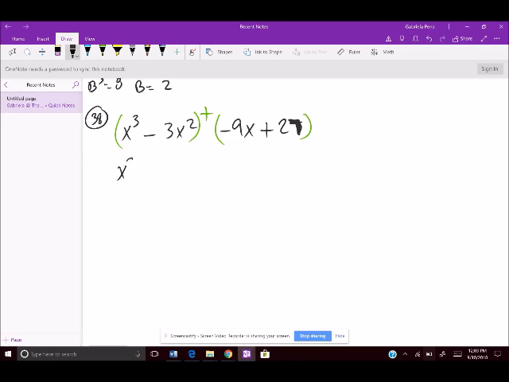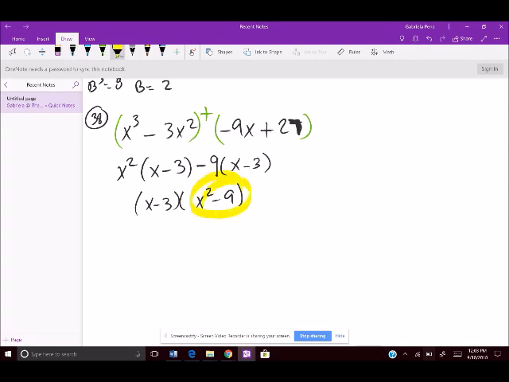So what do the first 2 things have in common? X squared. When I factor out an x squared, what's left over? Minus 3. Perfect. The negative 9 and the 27, what can I factor out? Negative 9, which also leaves me with an x minus 3 inside. So my answer is x minus 3, x squared minus 9. But if you look at this thing, what can I still do here?